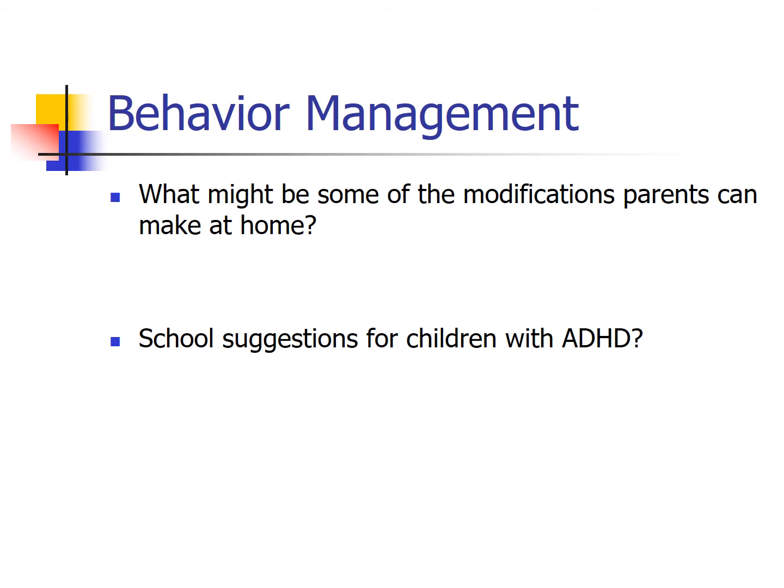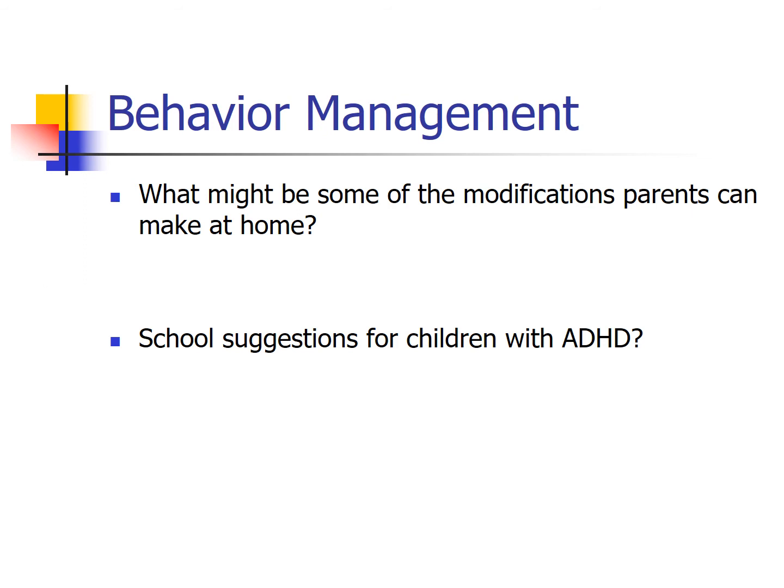So some of the best things for parents is to provide a structured routine or system. Routines can really help to provide behavioral cues to the child when they're getting off track, or they've lost their way, they're getting distracted.